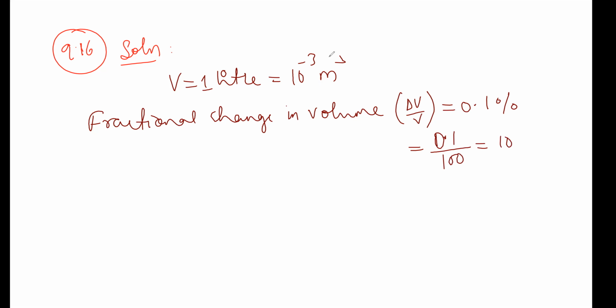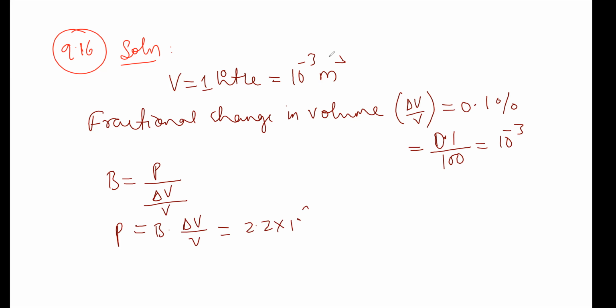So we are getting 10 to the power of minus 3, and bulk modulus is given by the formula B is equal to P divided by delta V by V, and from this we convert the formula. So delta V by V is equal to, and we substitute the given values, and we get 2.2 into 10 to the power of 6, and the SI unit is Newton per meter square.